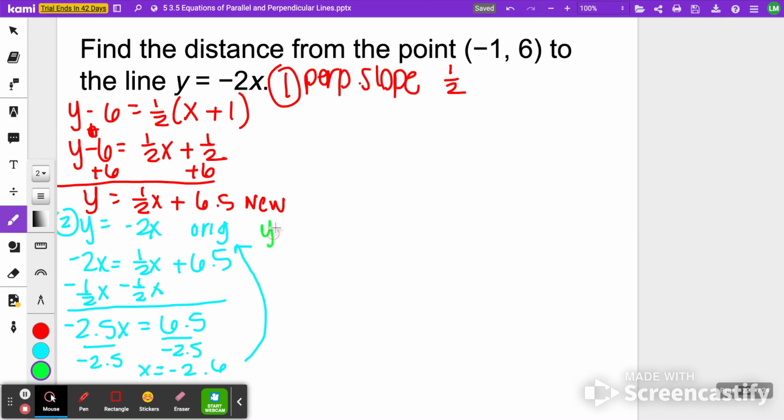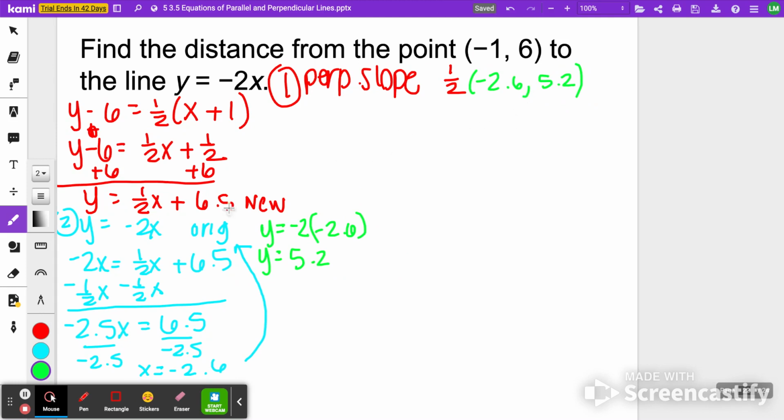So y is equal to negative 2 times negative 2.6. That means y is equal to a positive 5.2. So my new point is where they intersect, negative 2.6 for x coordinate and positive 5.2 for my y coordinate.